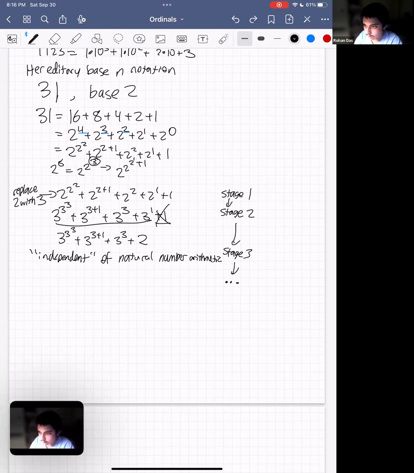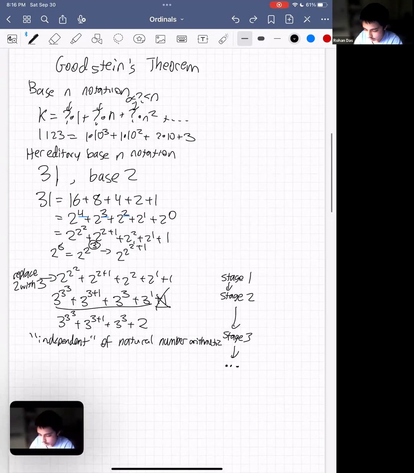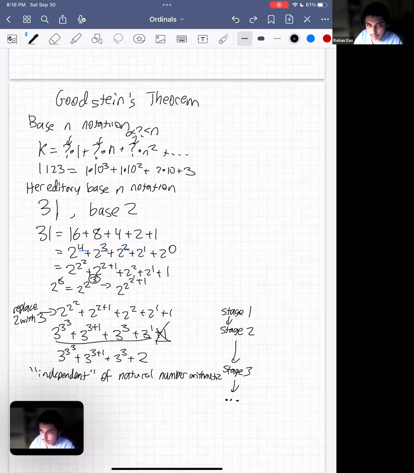And this is fine because essentially in the base n notation, we want to keep reducing these 4 and 3 because they're bigger than the 2, and in base n notation, we want our coefficients to all be less than n. For example, this is essentially the same as all the digits being 1, 0, 1, 2, 3, 4, 5, 6, 7, 9 in base 10, and you don't see 10 as a digit there.